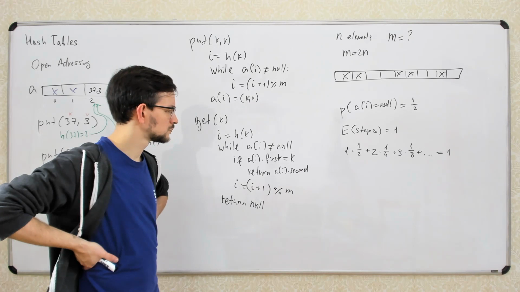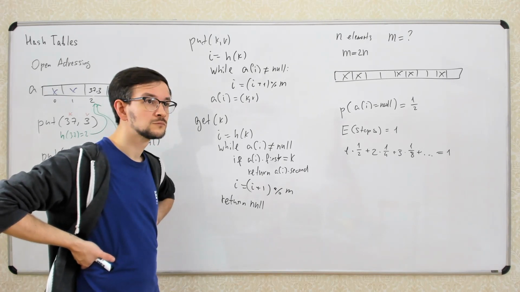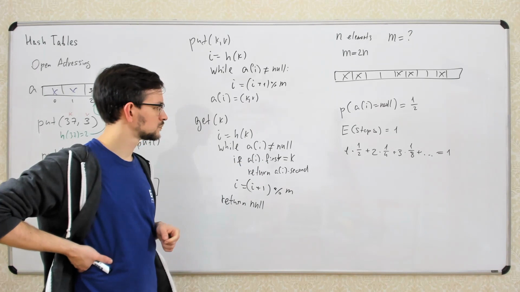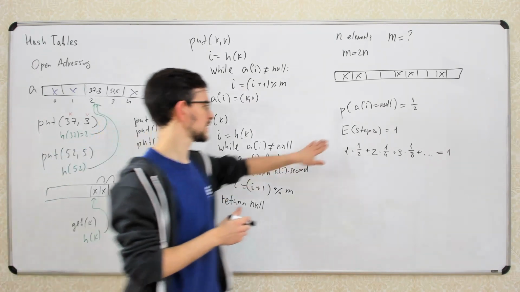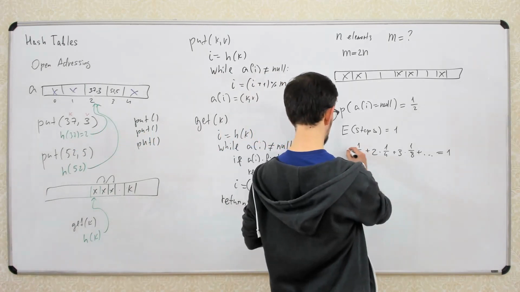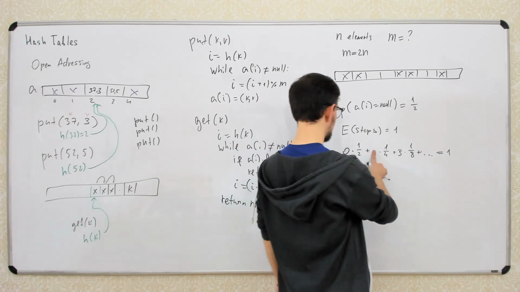No, that's not true, because shifted, it means it's zero. That it's 0 steps with probability 1/2, and 1 step like this.